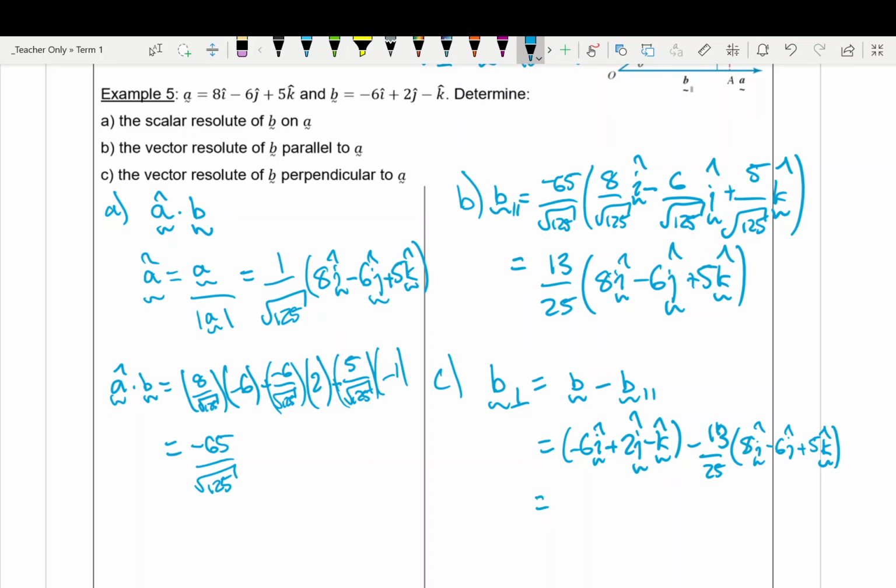So that's going to equal -46 on 25 i, minus 28 on 25 j, plus 8 on 5 k. So that is our vector resolute of B perpendicular to A.